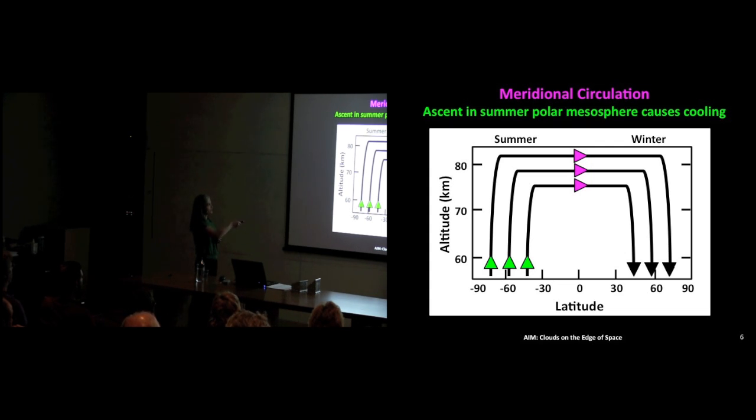These are from 60 to 80 kilometers. It's then transported from the summer to the winter hemisphere, and then it descends at the winter pole. Right? So you have ascending air in the summertime polar region. When air ascends, it expands, it cools. That's what gives you the very cold temperatures at the summer polar mesopause region.